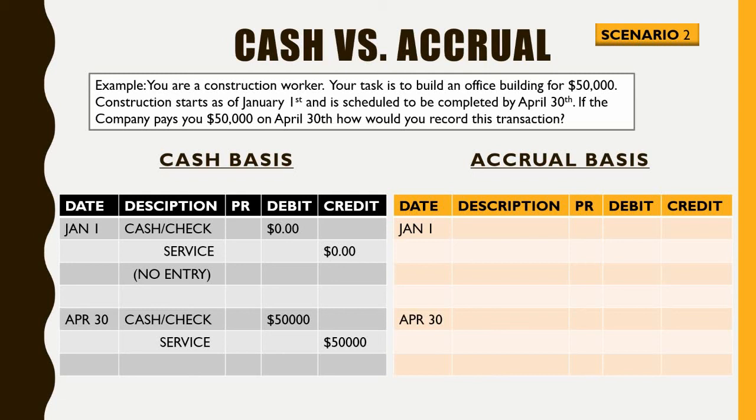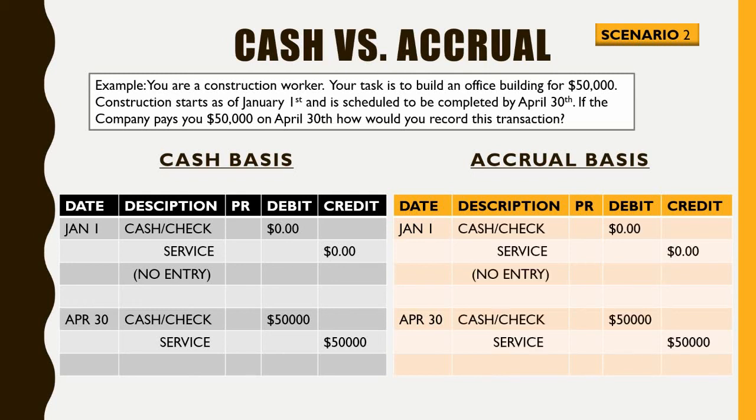Okay? Difference. Now, comparing to the accrual side, same thing goes as well. You're not going to need to record anything because, first off, you haven't completed the service and you haven't received any cash. So in this case, no entry is required for January.